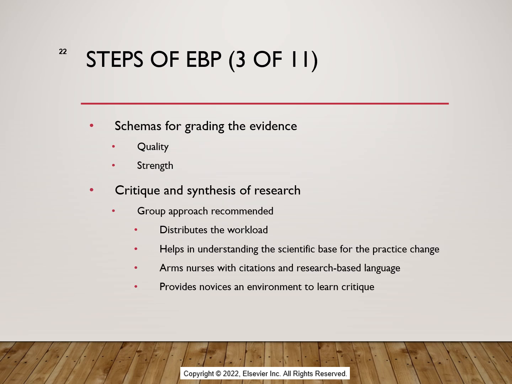You'll have to grade the evidence for quality and strength the same way you did as you critique the articles for your EBP paper. You'll also want a group approach so that it helps distribute the workload, helps to understand the scientific basis for the practice change, and it also helps us all use research-based language. It helps us gain credibility with the interdisciplinary team.